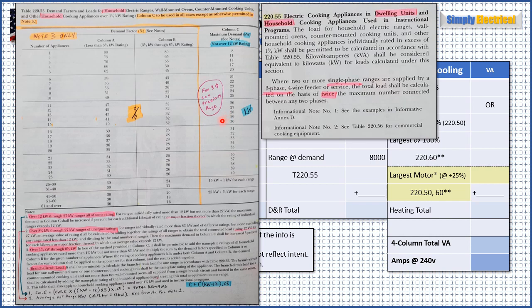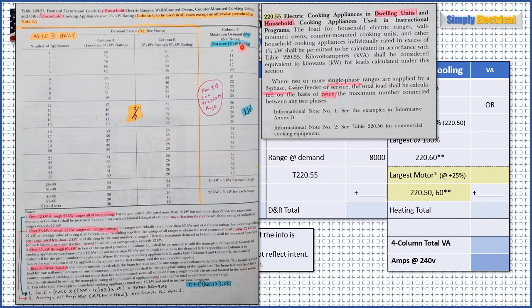Okay, now back up here to this portion I highlighted in parentheses. It says column C to be used in all cases except as otherwise permitted in note 3. So the easiest way to use this table is just to go to column C and use column C. It's very easy, very straightforward. If you have one range, you have 8 kW as your value, as long as that range is not over 12 kW rating.